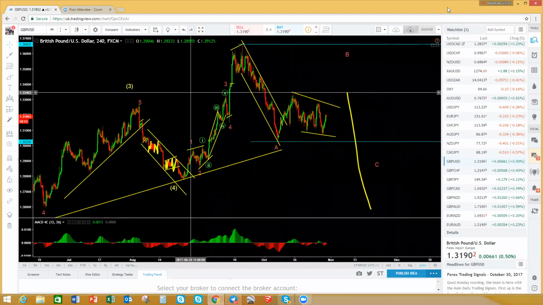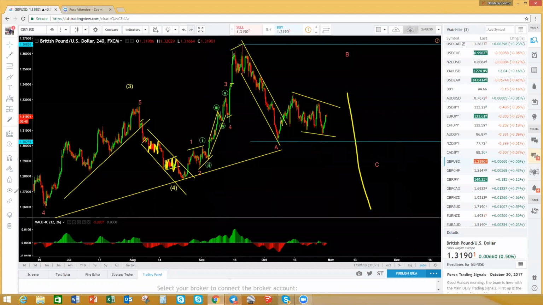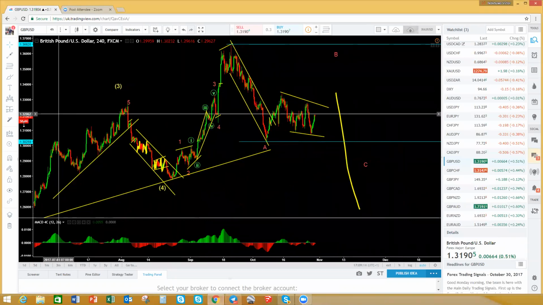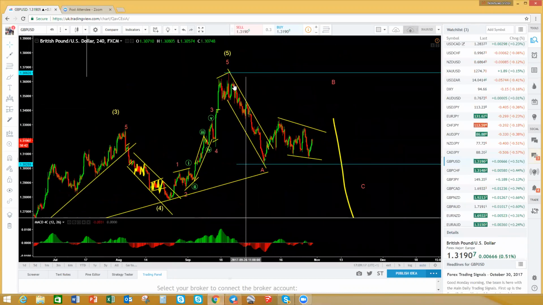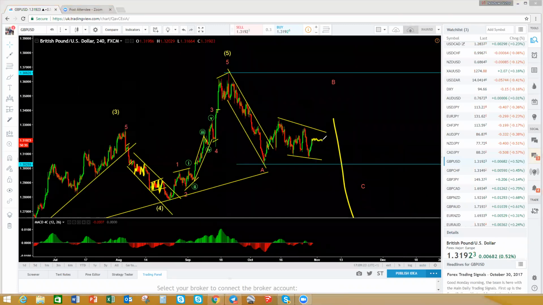Okay, so this is the possibility here. So here, we already have this impulsive move, 1, 2, 3, 4, 5 in red. And then it's been corrected by an A, B, C. I'm anticipating that we're going to give some strength. If you get something like this, it will be even better. Some strength on the pound to go and complete the B before we get the move down.